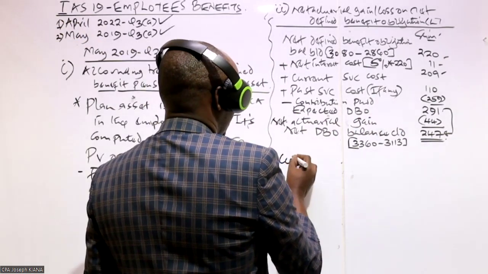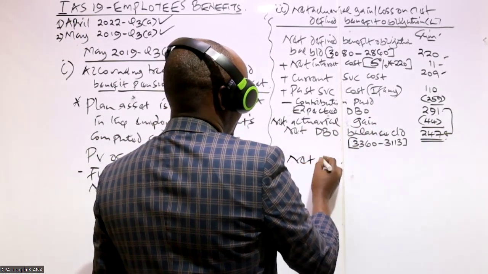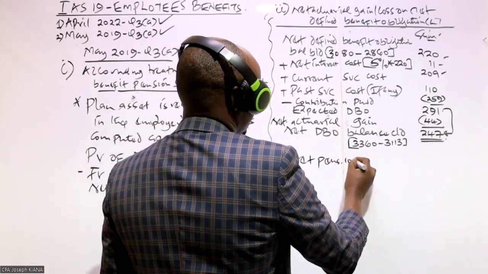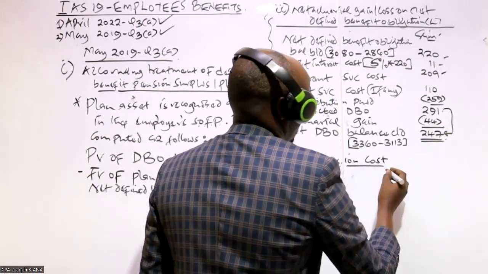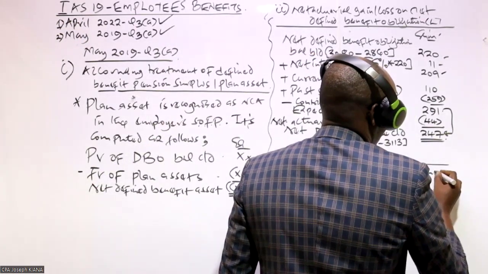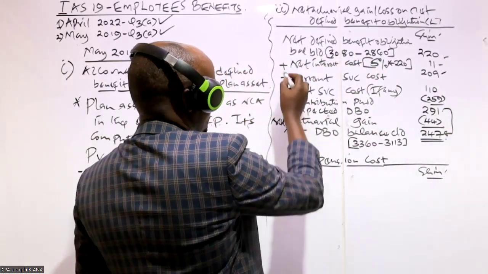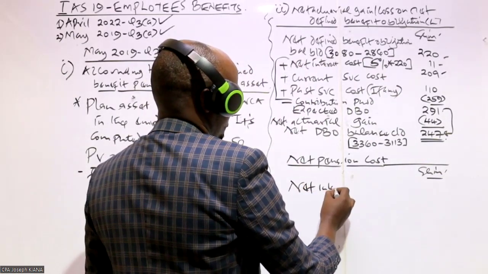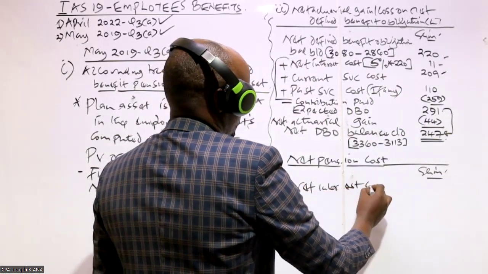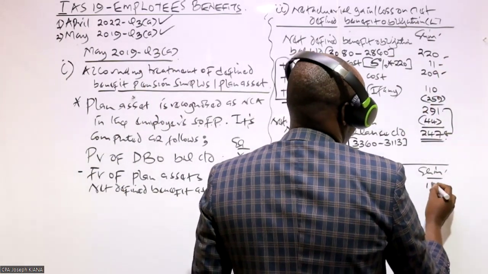The other one is number 2, the net pension cost, which should be recognized in the income statement. So how do we compute this net pension cost? We add these 3 items. Number 1, we take into account the net interest cost, which is a figure of 11.